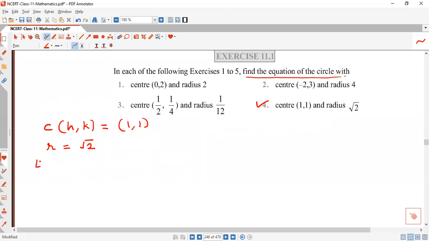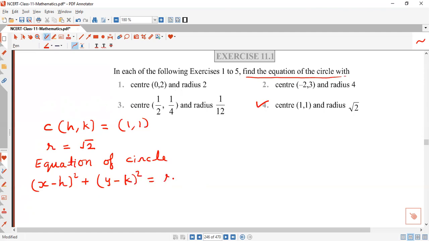So the equation of the circle, we know very well, is x minus h square plus y minus k square equal to r square.